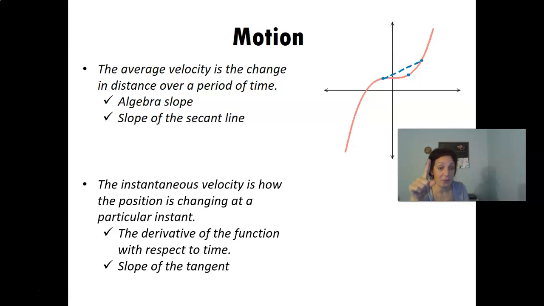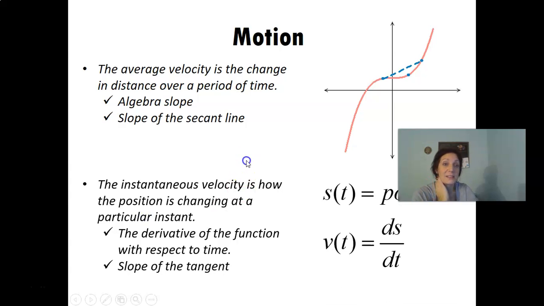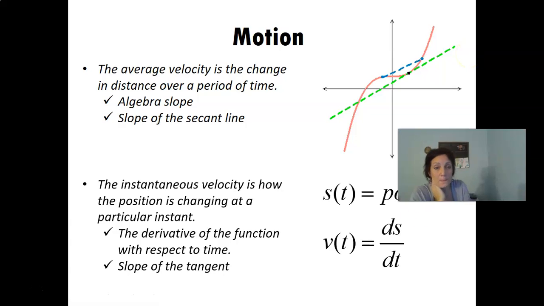That's our derivative. It's not going to give us an average slope. It's going to give us the slope of a tangent line. So I could take an average from A to B, but with calculus I can also get a velocity at an instant.